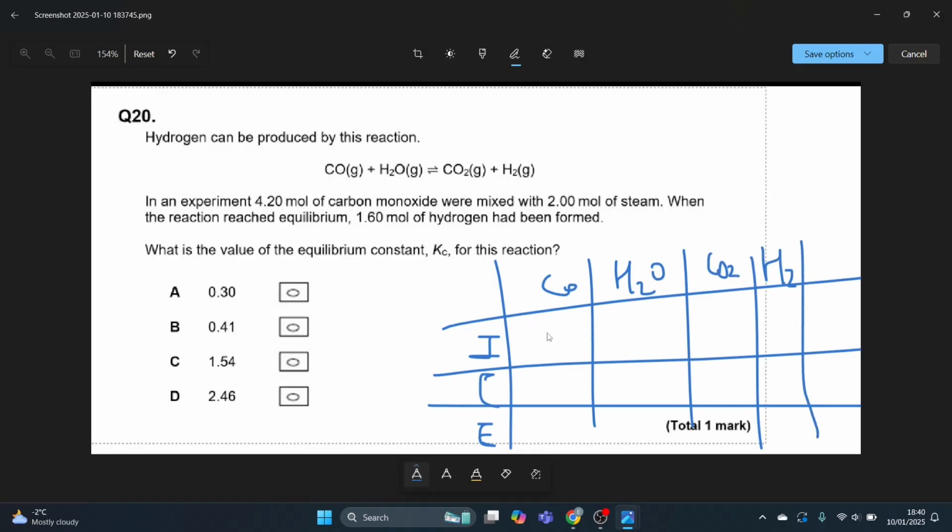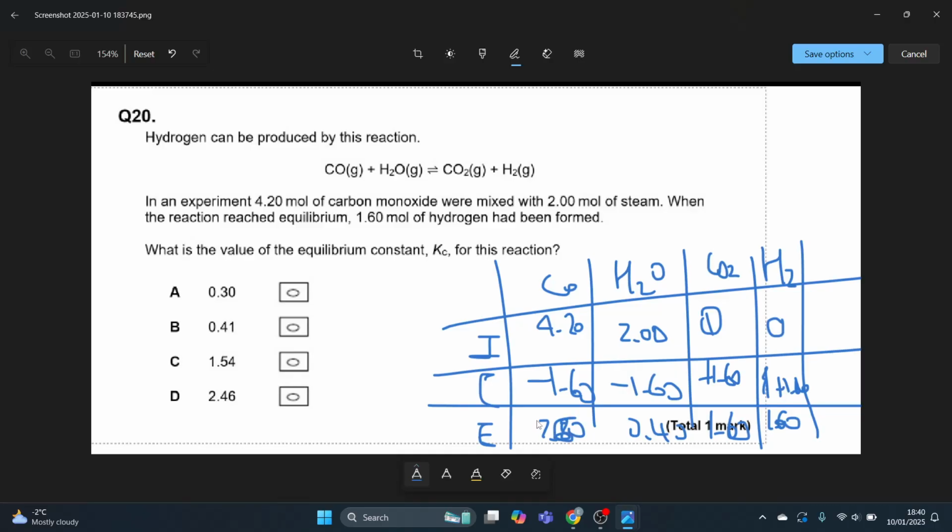Use the ICE method to find out. And then all I need to do is substitute that into Kc.